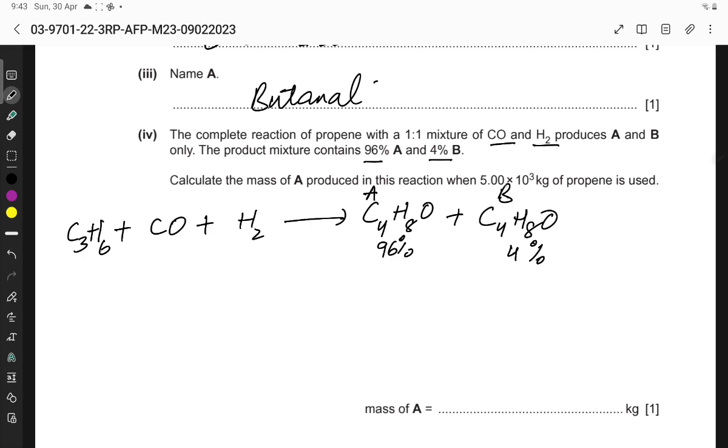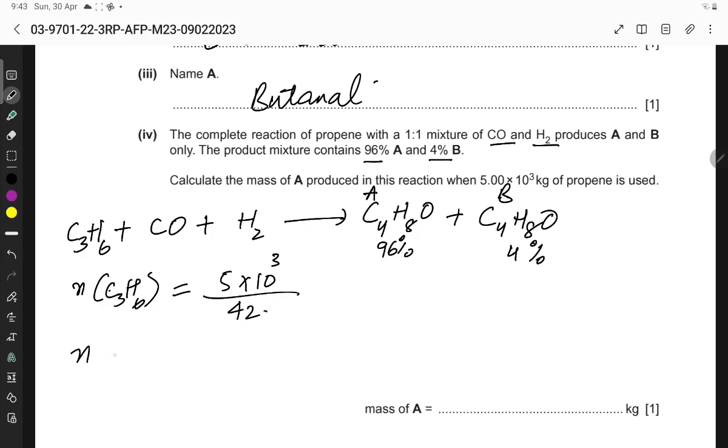This is 5 into 10 raised to 3 kg. Mole of C3H6 is equal to 5 into 10 raised to 3 kg divided by 42.